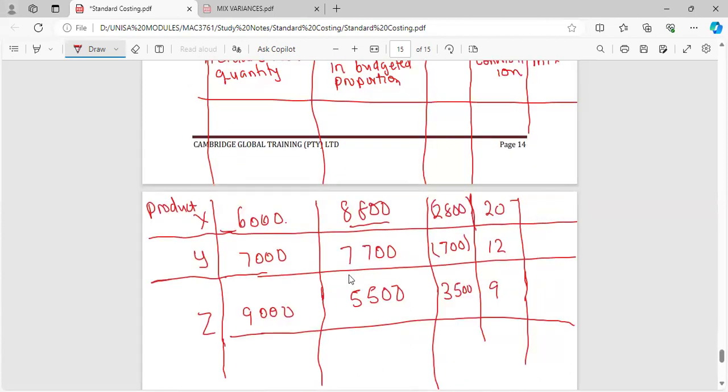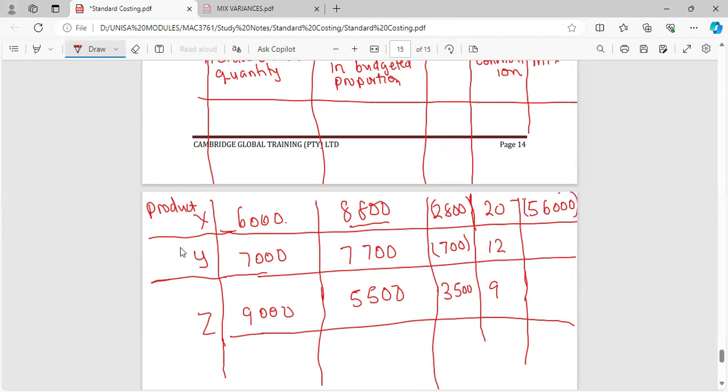The first one is 2,800 times 20. 56,000. It's unfavorable. Let me just put it in bracket.